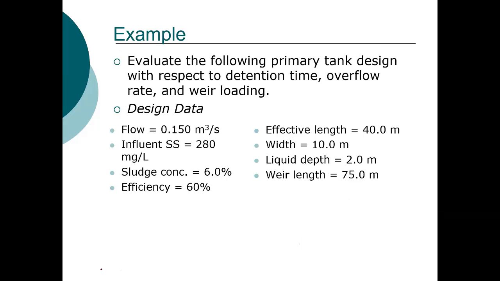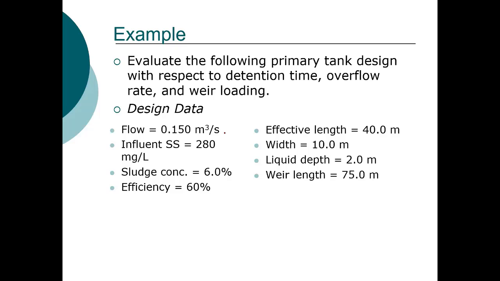So let's do a little problem here, very similar to what we have done before. We have a situation where we're given the design flow. We're told that the influent suspended solids is 280 milligrams per liter.